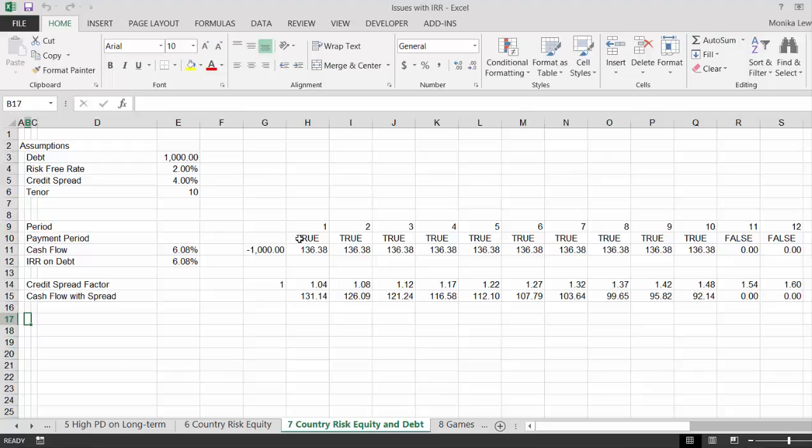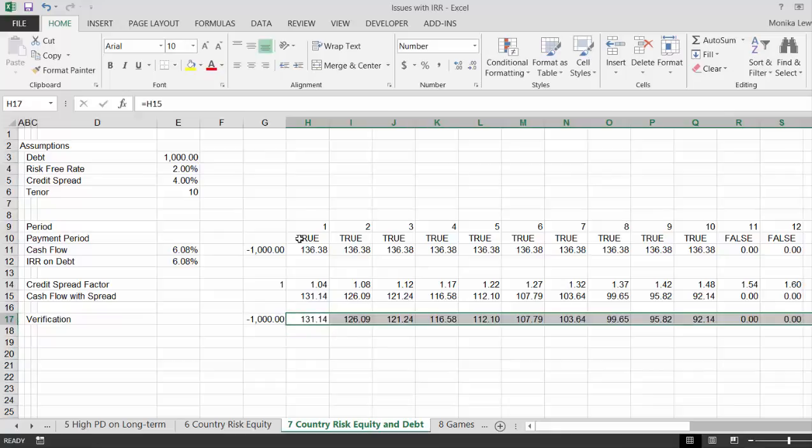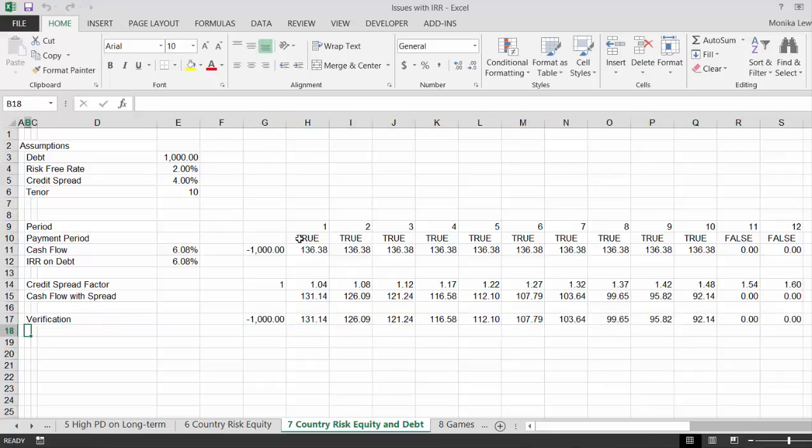now to demonstrate that that really works, let's put a verification. If we put this one and then just put in the credit spread, okay, and then we put IRR on cash flow with loss.